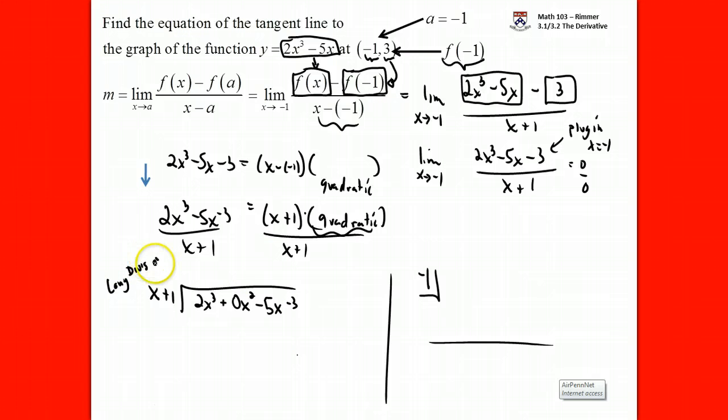It doesn't have all the fluff that this has. Synthetic division gives you only the numbers. Here's how it works. We don't care about all these x, just put in the coefficients in decreasing order. So 2 on the x cubed, 0 on the x squared, and -5 on the x, and your constant term is -3.